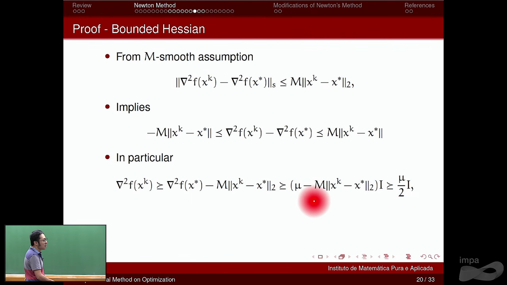Because we assume strong curvature at the solution, the Hessian there has minimum eigenvalue mu. Using that assumption, you have this inequality, which means the Hessian has a minimum eigenvalue at the point xk.